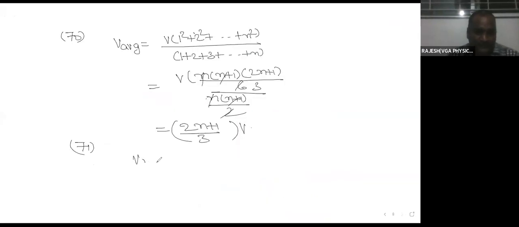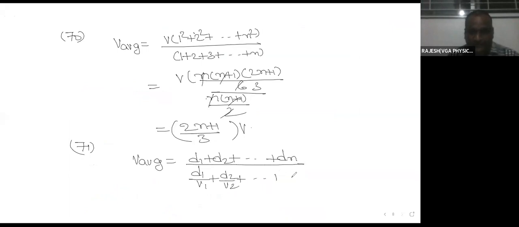V average is equal to d1 plus d2 plus so on up to dn by d1 by v1 plus d2 by v2 so on up to dn by vn. So they have given d1, d2, d3 distances are 1:2:3.